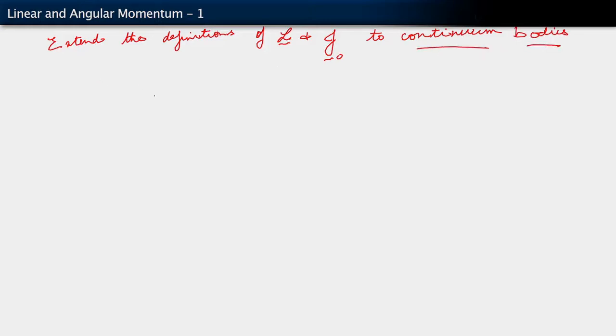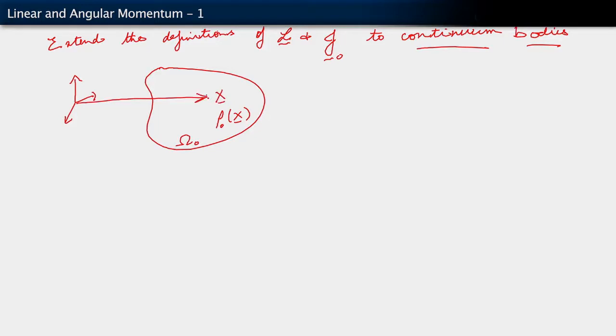All right. So here is the picture. We have our basis, as always. We have the body in its reference configuration, omega naught. Here we have our mass density, which is a function of position only, and for position vector we have that. Okay, and that is the position vector.